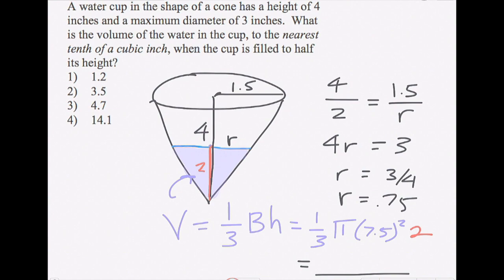So there's one last thing to do, which is actually figure out the volume, plugging in 0.75 for the radius. Of course, I still have to do this.